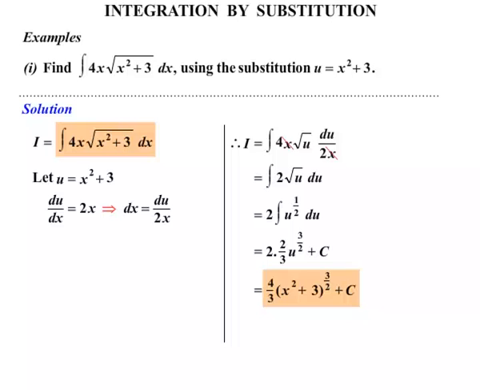The original question had the square root, so that's what we're going to try to bring in. So let's do that. The 4/3, let's write that in. X squared plus 3 to the 3 on 2, well, that half suggests it's the square root. So let's write the square root, and then it's to the power of 3. So it'll be x squared plus 3 to the power of 3. Plus c on the end. Terrific.